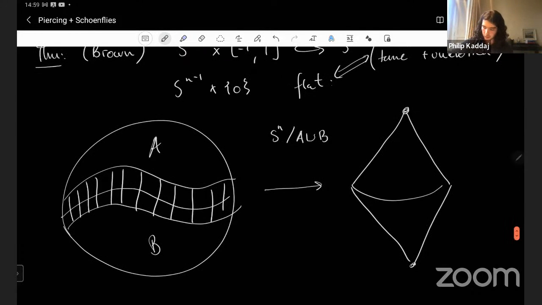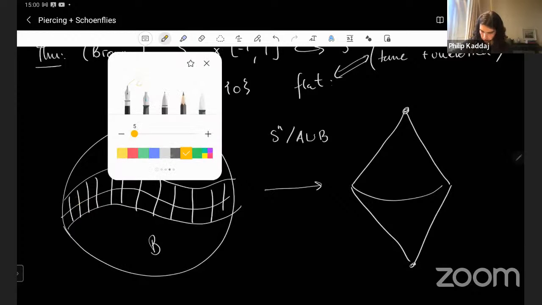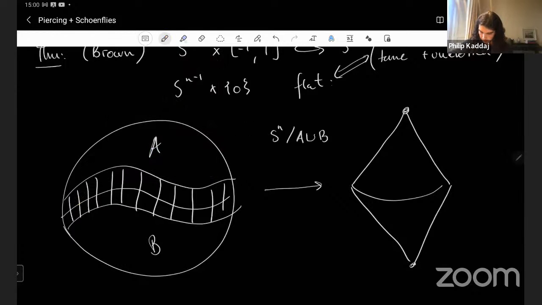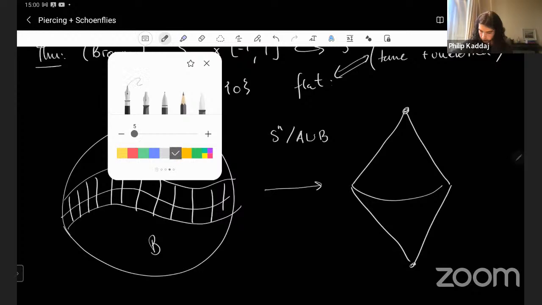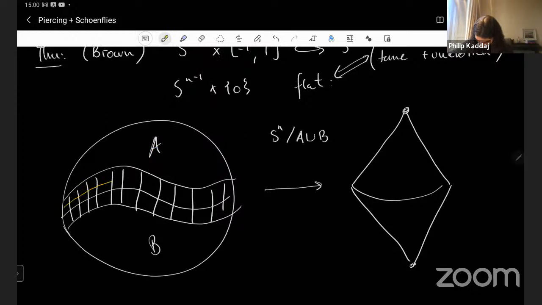If you're worried about what happens at the boundary, then I suggest you just quotient by something slightly bigger than A. So we take, I don't know, we take from half and we quotient from there. I don't think this will change the argument.